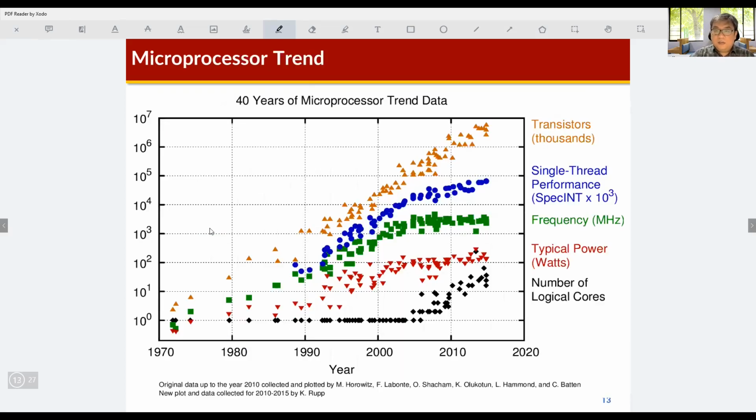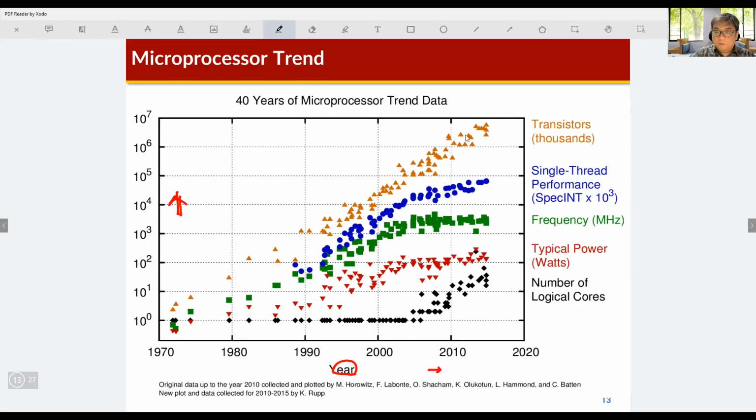So let's see the microprocessor trend. As you can see, this x-axis is the year, that's the time, and the y-axis is the number of transistors, single thread performance, frequency, power, and number of logical cores. But as you can see, this is also log scale. Okay.